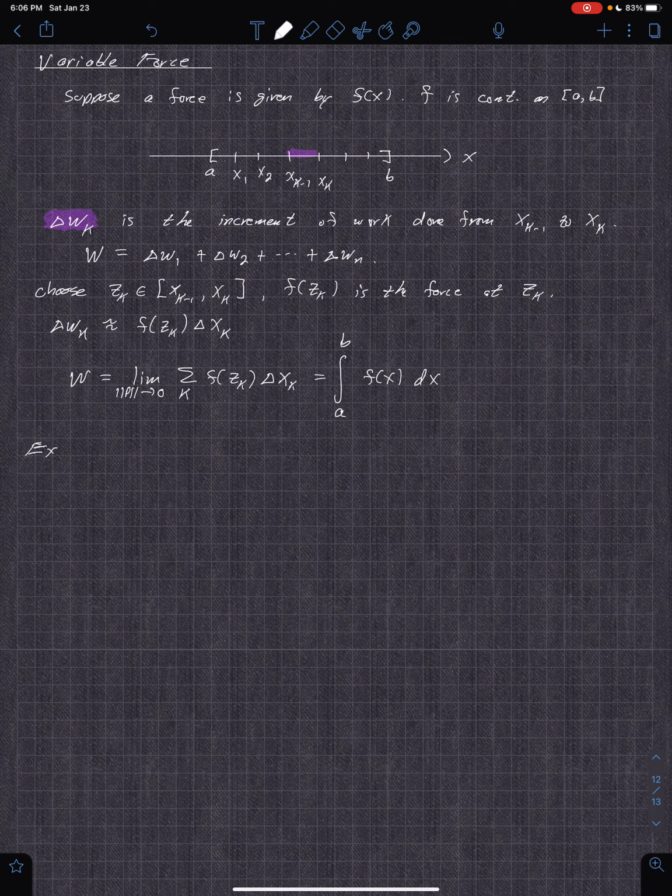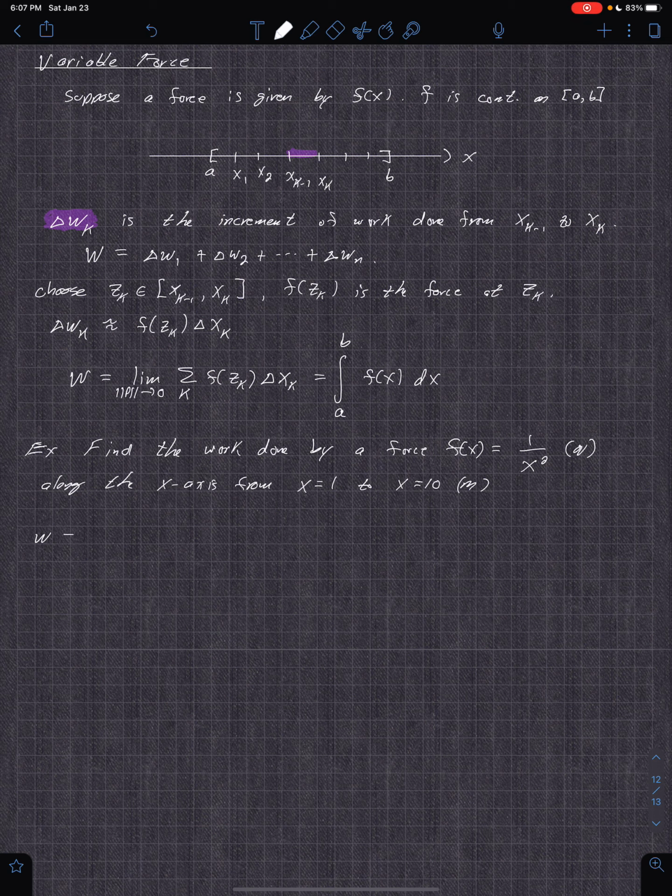Find the work done by a force f of x equal to 1 over x squared, and we'll make that in newtons, along the x-axis from x equals 1 to x equals 10, and we'll make that in meters so that we can have Newton meters.